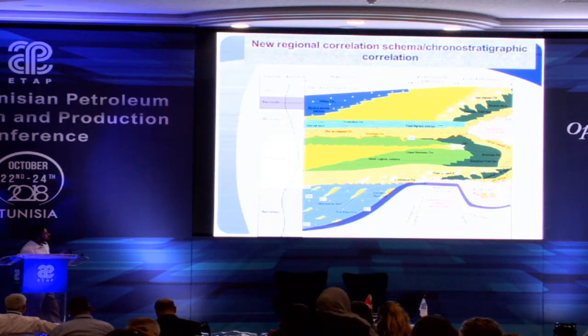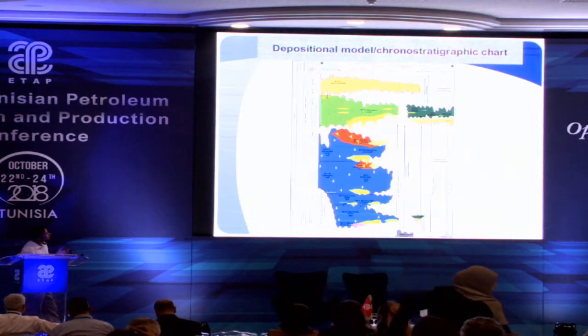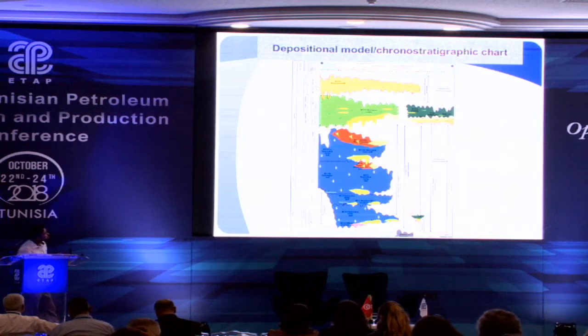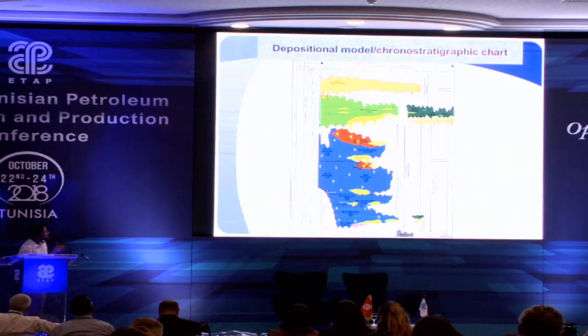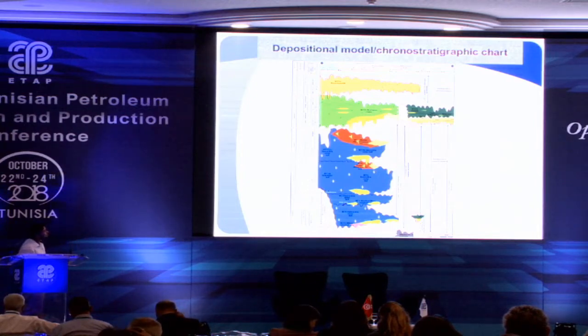So our work provides to study the events, the sedimentary and tectonic events, and allows to propose a new chronostratigraphic chart for the Neocomian age in central and southern Tunisia.